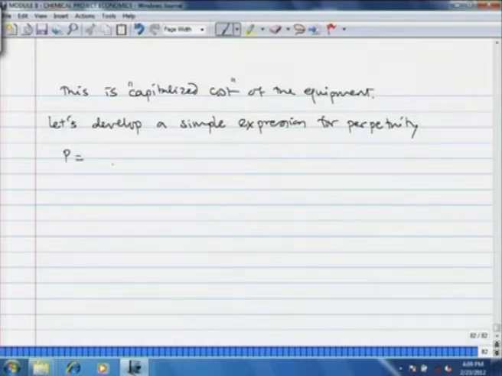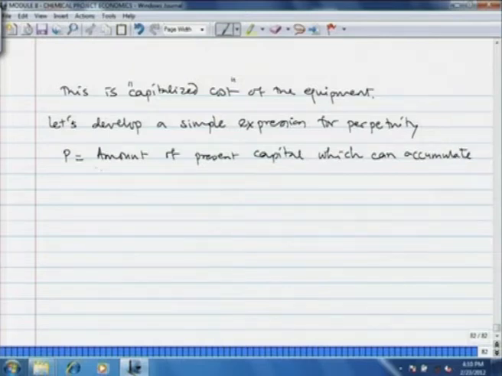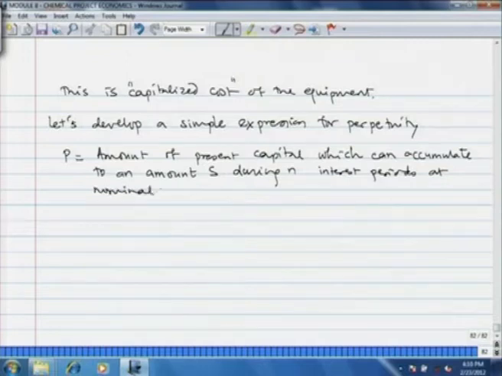Let P be the amount of present capital, which can accumulate to an amount S during n interest periods at a nominal interest rate of I. So, the relation between these quantities is S is equal to P into (1 plus I) to the power n.